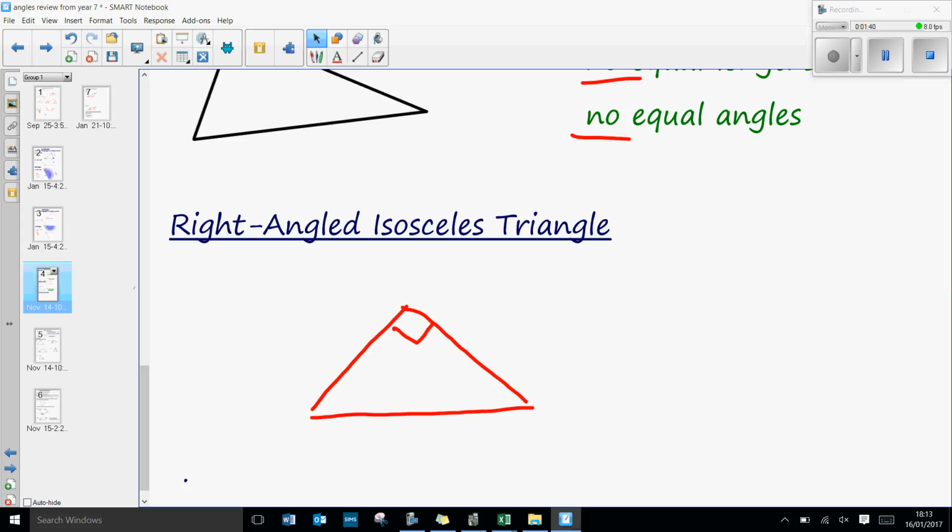But because it's an isosceles triangle, and we also know that the three angles in a triangle add to 180, if this one is 90, and we know that these two are equal to each other, then these two must both be 45 degrees. So for a right angle isosceles triangle, they would always have these angles. So it would have one 90-degree angle and two angles of 45.